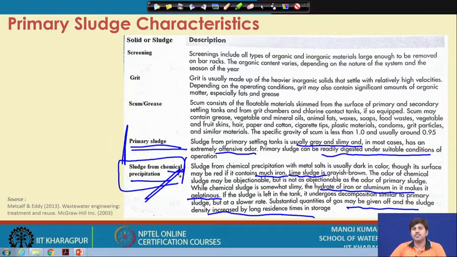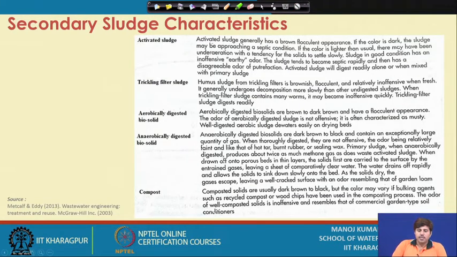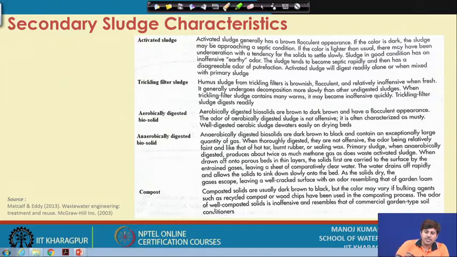So, the treated sewage from the secondary units could be processed for chemical precipitation as an advanced treatment unit at times, for that part of the water which is going under some sort of reuse. So, that is another type of sludge which is generated.